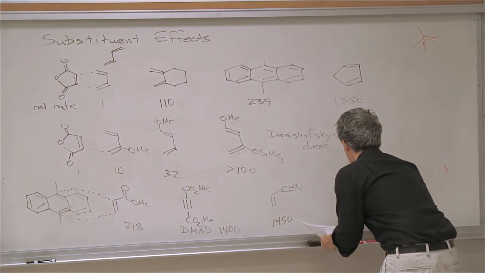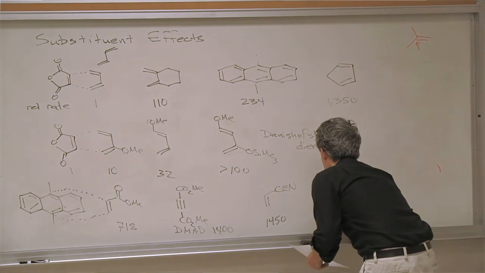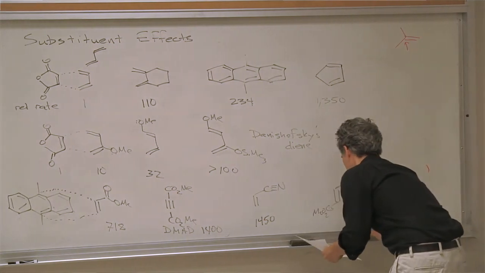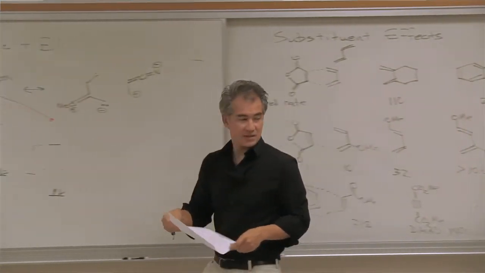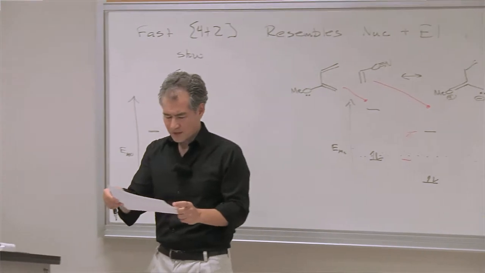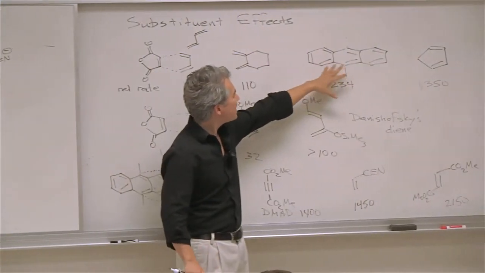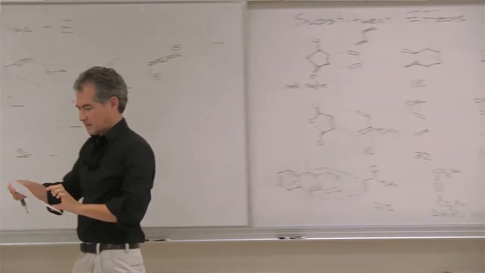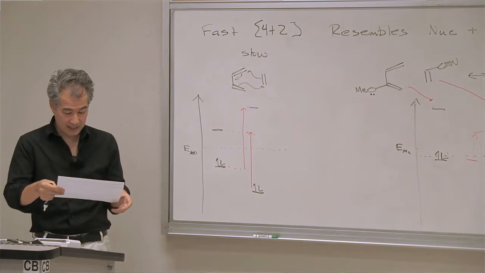And finally, if I put 2 acceptors on an alkene, 2,000 times faster than just the simple canonical case that I had over here. Actually, we should be comparing it to this case over here. Maybe I would say 10 times faster than that simple case over there of maleic anhydride plus anthracene.